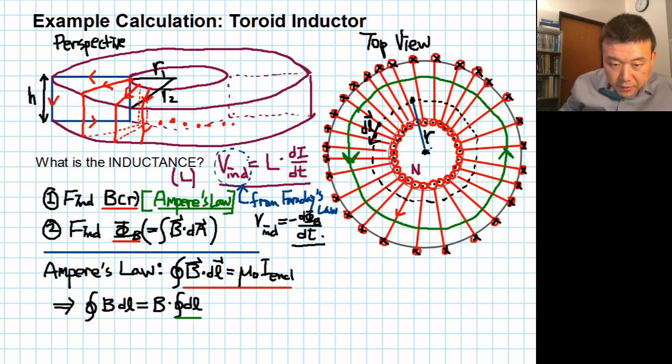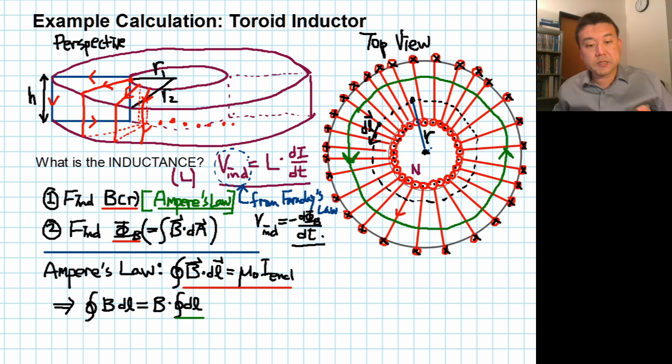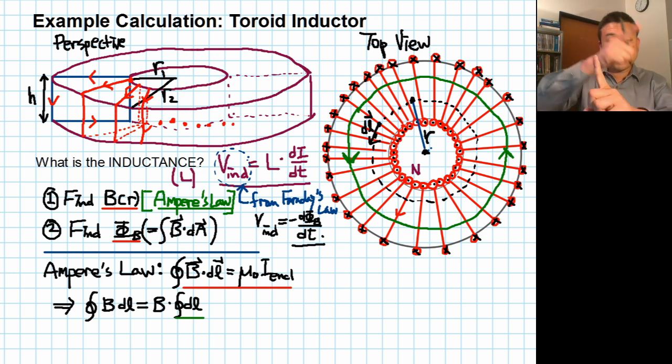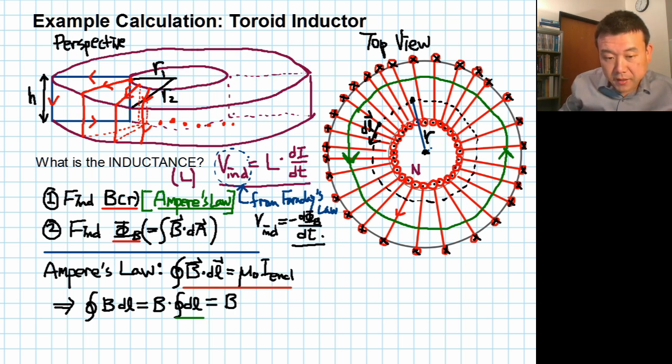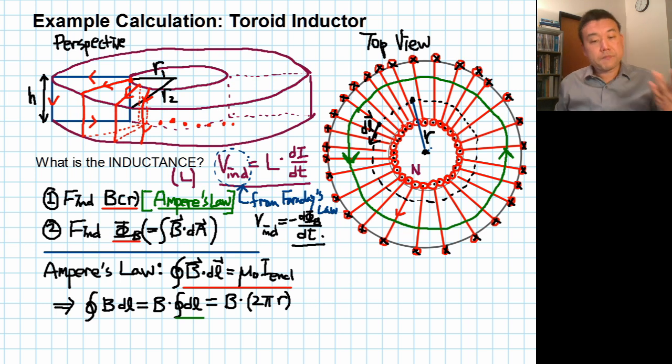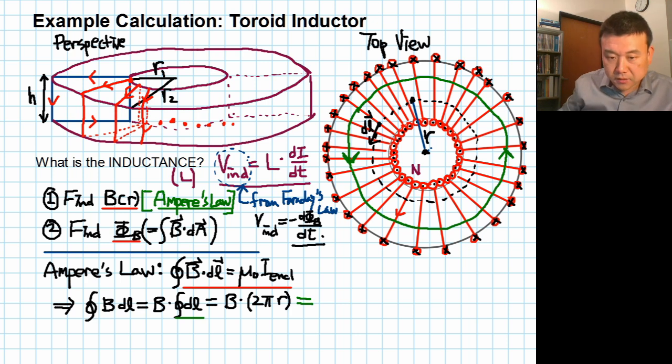But this is a very simple expression. That's simply the path length of the circle, the circumference of a circle. So this should be equal to the magnetic field strength times the circumference of the circle of radius r, 2 pi r.